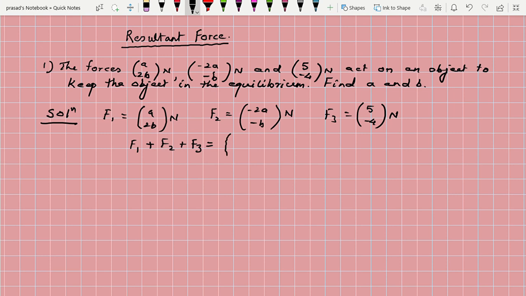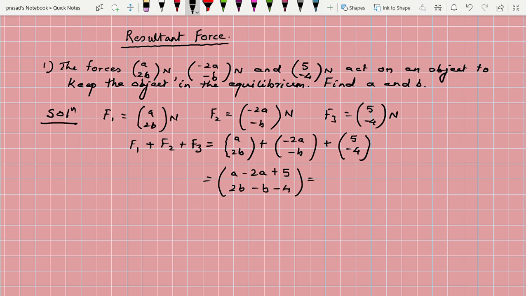So we will get (A, 2B) plus (-2A, -B) plus (5, -4), which is A minus 2A plus 5, 2B minus B minus 4. So that is (-A plus 5, B minus 4) Newton.